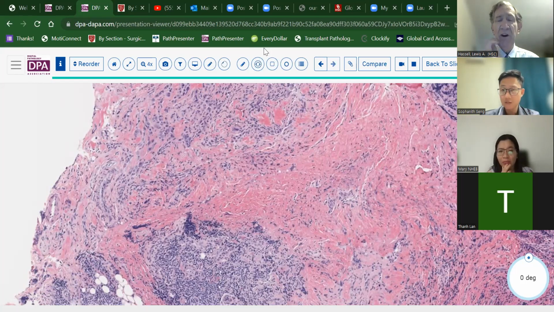Now, both of them would have very uniform round nuclei, but stroma ovarii would have positive thyroid markers. And Leydig cell tumor would usually have sex-cord stromal markers like inhibin or calretinin, things like that, that would be completely negative in stroma ovarii.